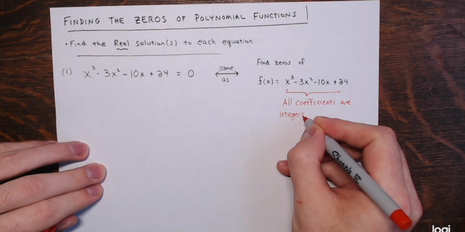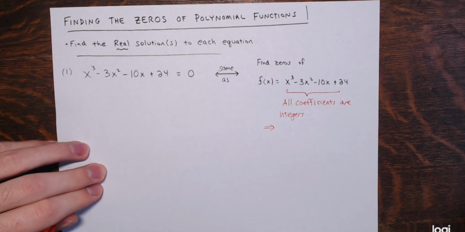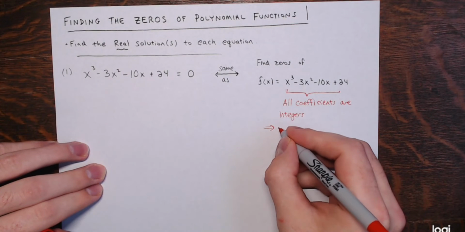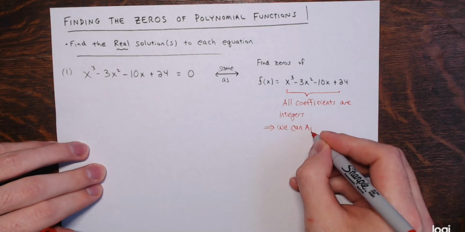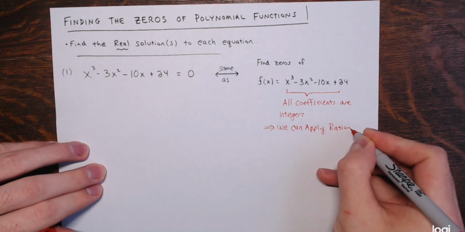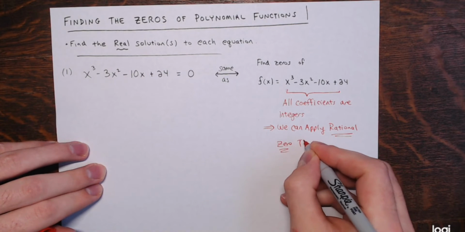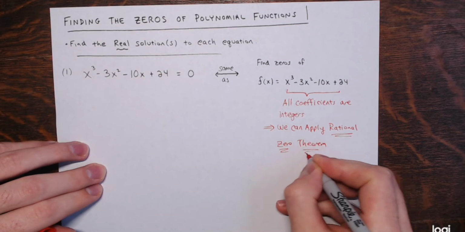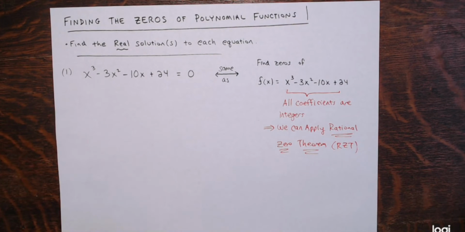And if that's the case, if all the coefficients are integers, then we can apply the rational zero theorem. For the rest of the video I'm just going to abbreviate the rational zero theorem with RZT.